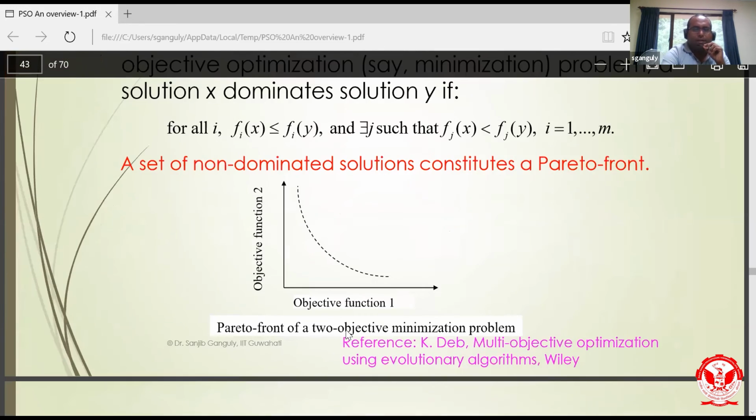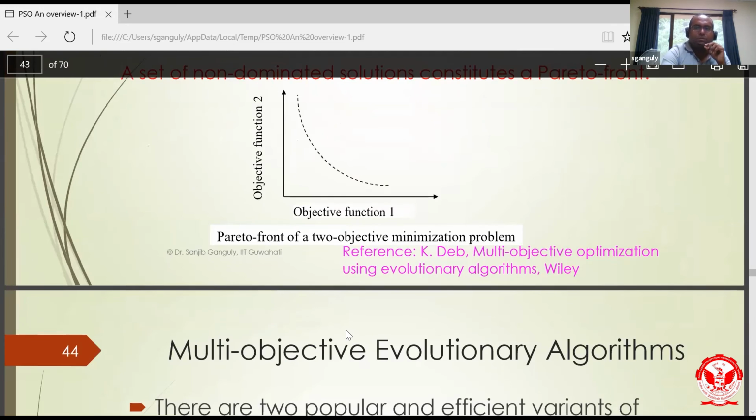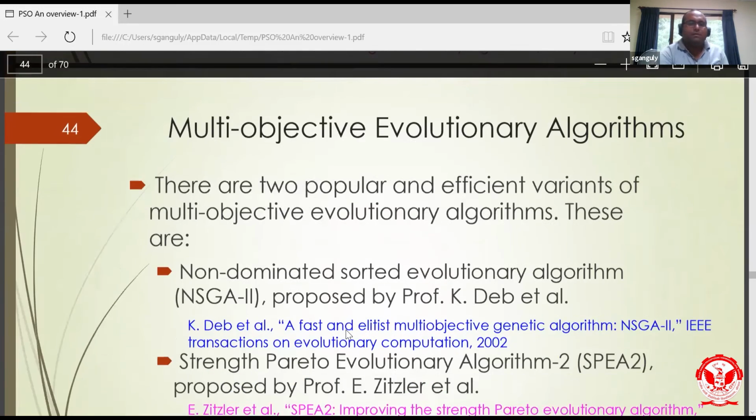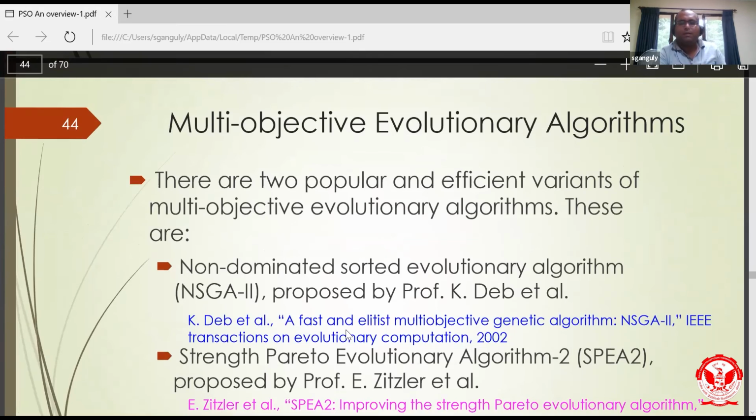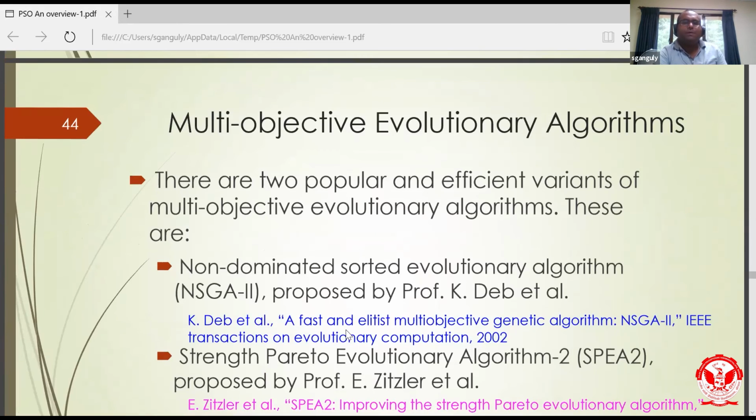So in that way I used a multi-objective approach, and there are two multi-objective evolutionary algorithms which are very popular. One is called NSGA, the non-dominated sorting genetic algorithm, proposed by Professor Kalyanmoy Deb. This is a landmark work, and it is cited several thousand times.